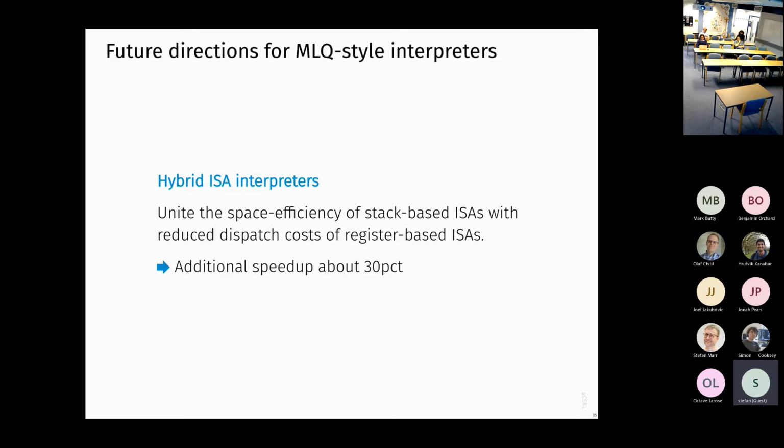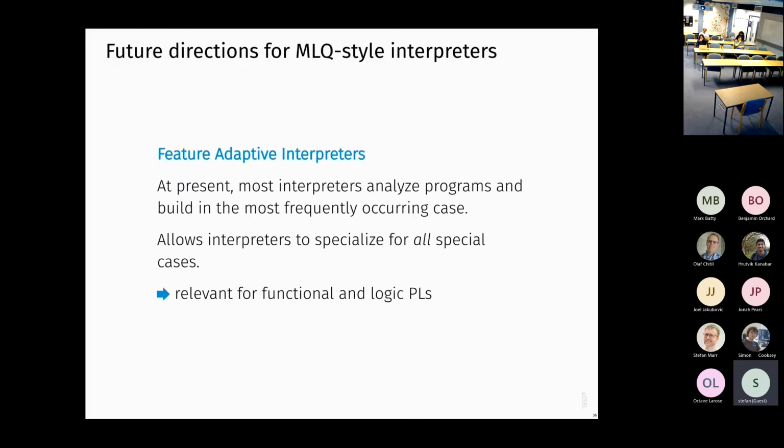The rewriting is kind of simple to go from stack-based to register-based. And the advantage there would be that we could save another 30% of instruction dispatch overheads. So this would also translate into roughly 30% speedups. This is something that is interesting, hasn't been done to the best of my knowledge, and gives you guaranteed speedups on top of the stuff that's already in the paper.